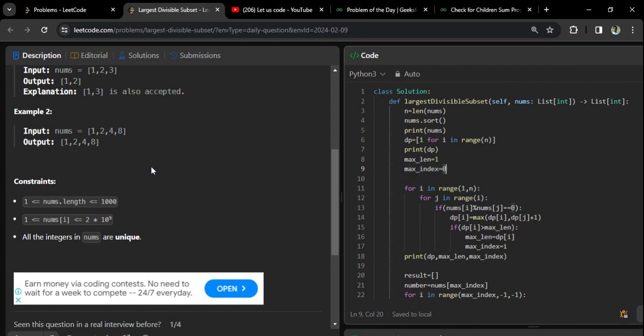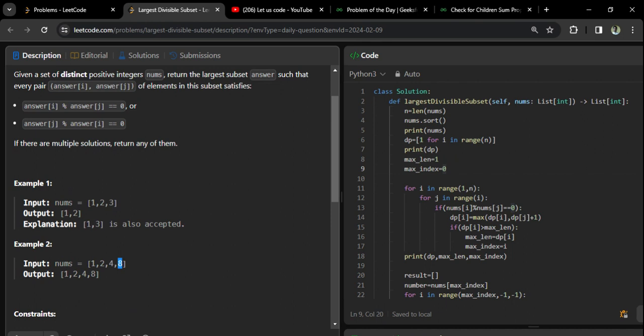In this case 8 is going to contribute for the max index. Similarly, in this case either 2 or 3 will contribute for the max index. If different answers of the same length are possible, in that case, you will see the code now, max index will be the index of one of those ending elements.